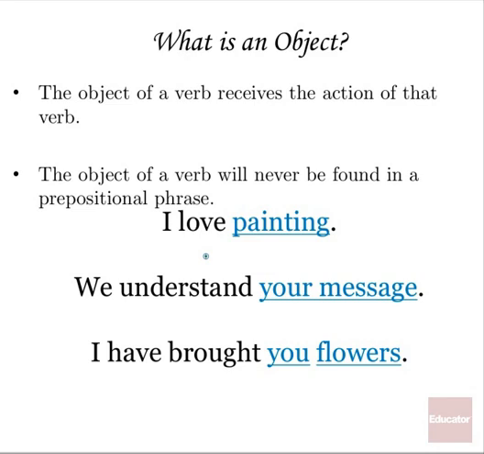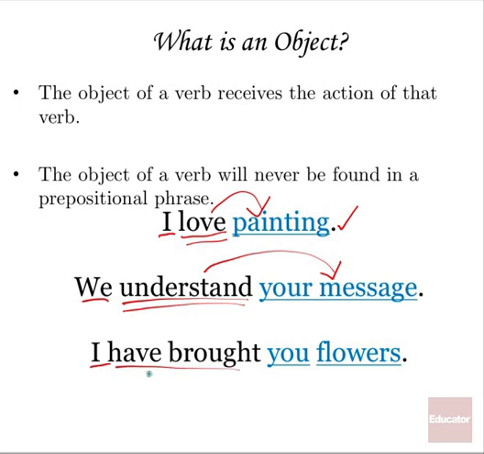So, let's look at some examples. I love painting. Our subject is I, our verb is love, and painting is what receives the action of the verb love. We understand your message. Our subject is we, our verb is understand, and what is it that we understand? What receives our understanding? Your message.